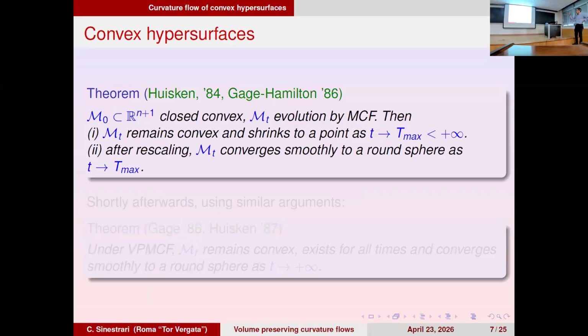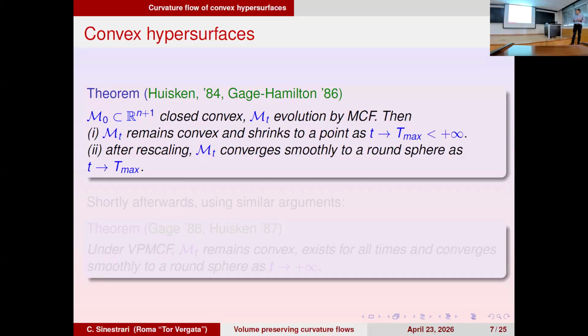And so this is what I was already mentioning. There is a well-known result by Huisken in the 80s, proved by Gage and Hamilton for the curve case, that for the standard mean curvature flow, if you start with a convex surface, convexity is preserved, it shrinks to a point in finite time, but after rescaling you see convergence to a round sphere.